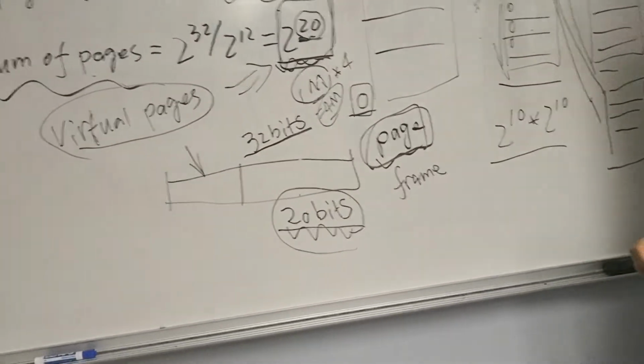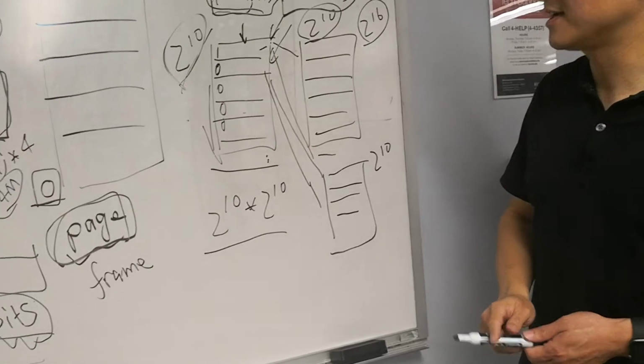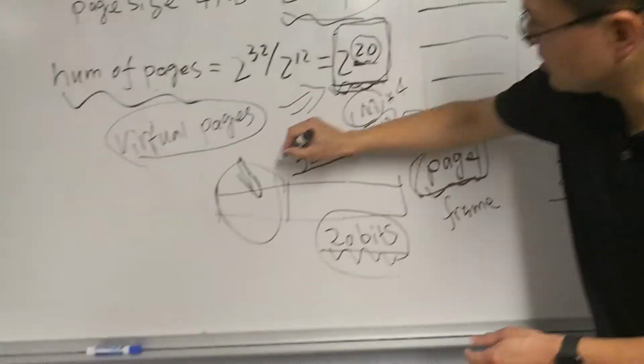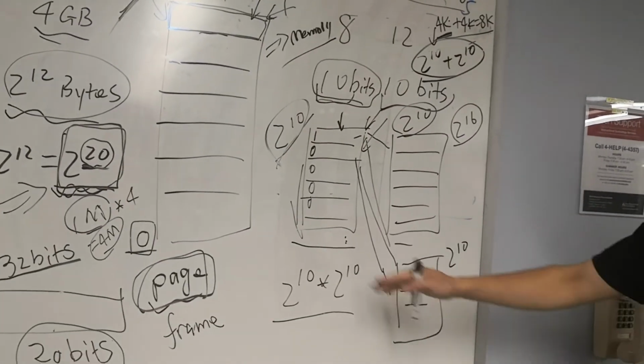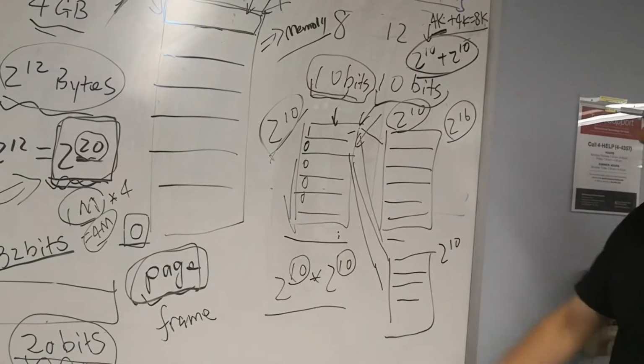When you set up 2 levels, for the first level you need 10 bits, and for the second level another 10 bits.